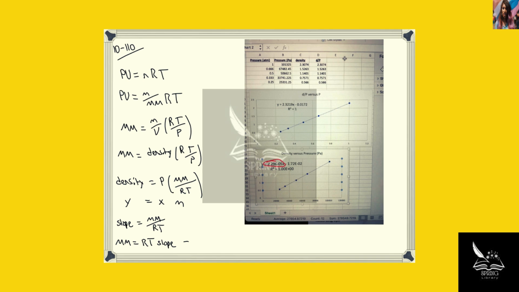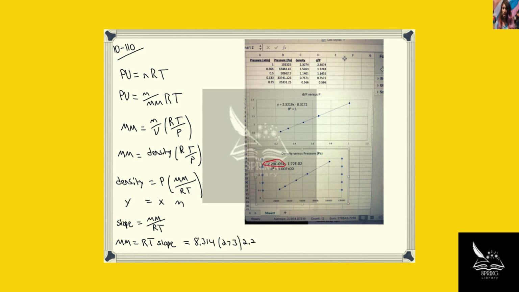So the molar mass is going to be equal to, if this is my slope, and I set the slope equal to molar mass divided by RT, and rearrange it, then the molar mass will be equal to RT multiplied by the slope. So to get the molar mass in units of kilograms per mole, I need to take my R value at 8.314, multiply it by the temperature.